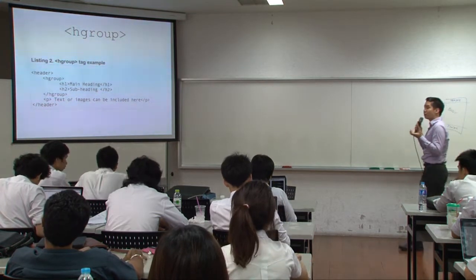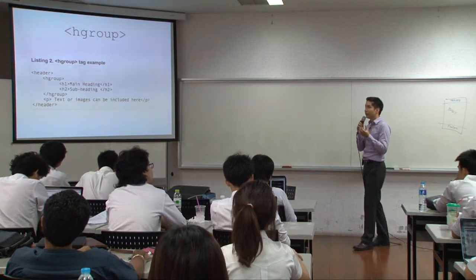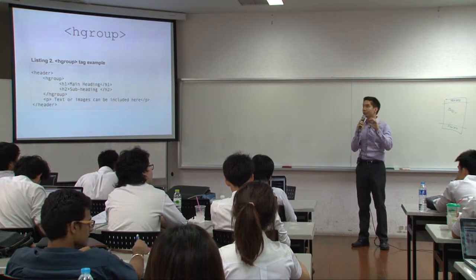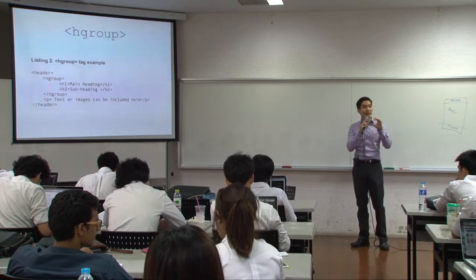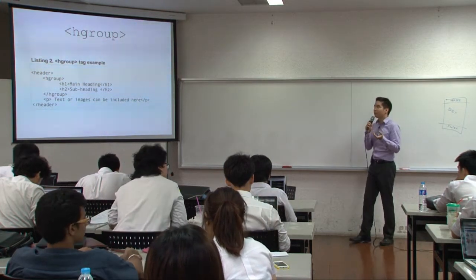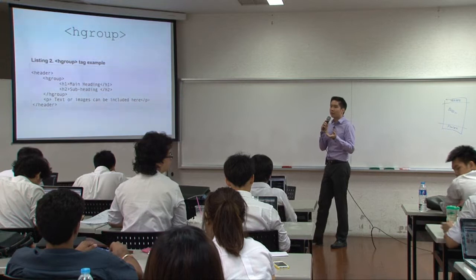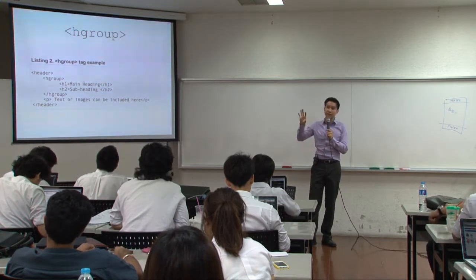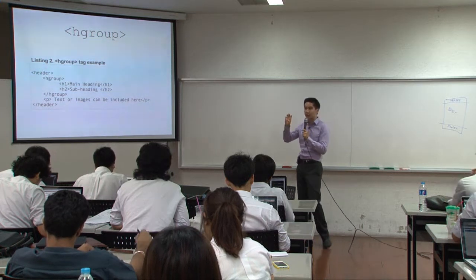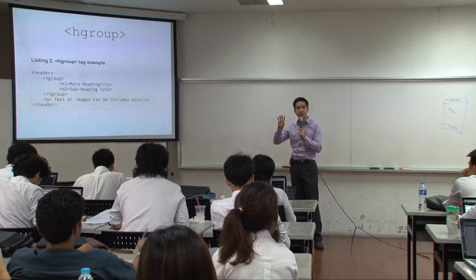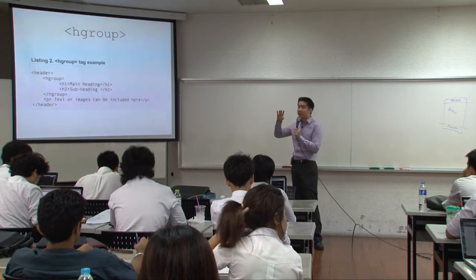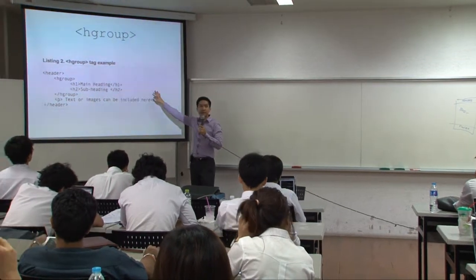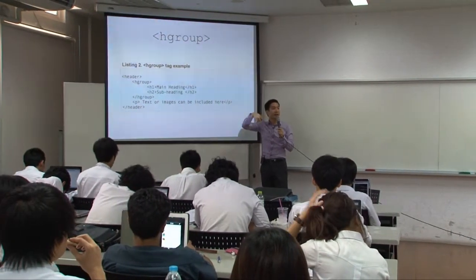The next tag that I want to introduce you guys is called hgroup. And hgroup simply allows you to group headings together. So you might ask, what's the point of grouping headers together? Don't think of it in terms of looks. That's the point I want you guys to get. You simply want to tell the browser that, hey, look, these two headings come together.